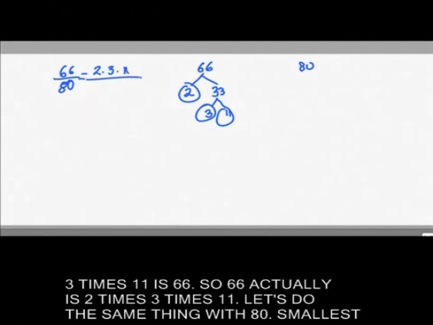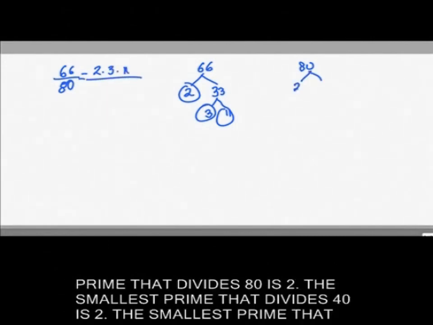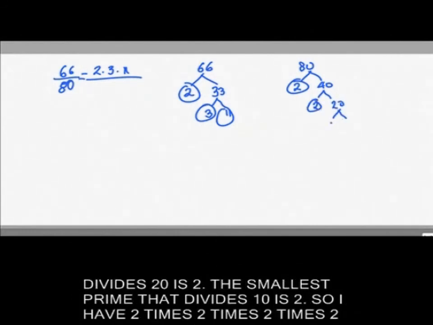Let's do the same thing with 80. Smallest prime that divides 80 is 2. The smallest prime that divides 40 is 2. Smallest prime that divides 20 is 2. Smallest prime that divides 10 is 2.